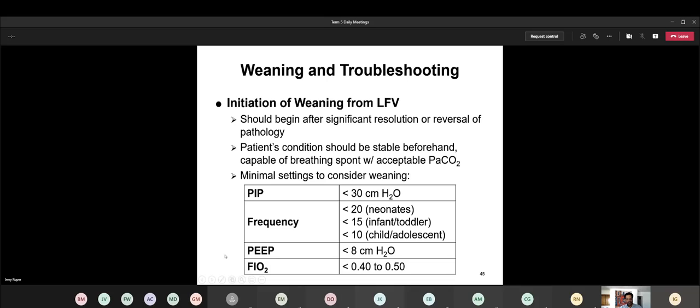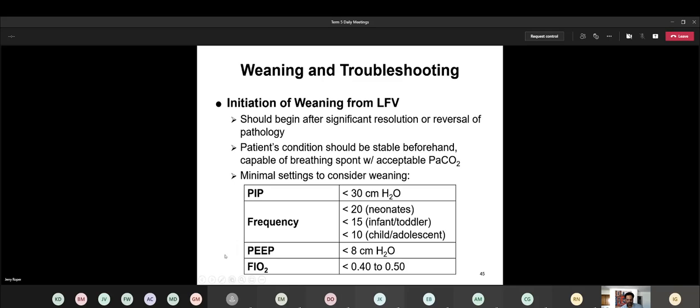So here we're saying that if their PIPs are less than 30 and their respiratory rate, their frequency, is less than 20, and as you see, 20, 15, and 10, and PEEP is less than 8, and you've got the FiO2 below 50, preferably below 40%, and everything else checks out, then you would consider weaning.